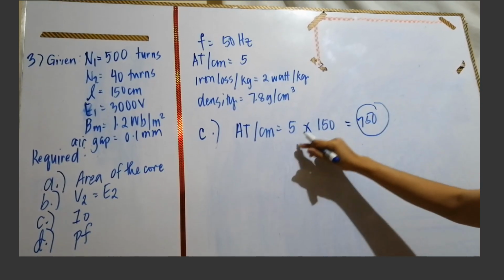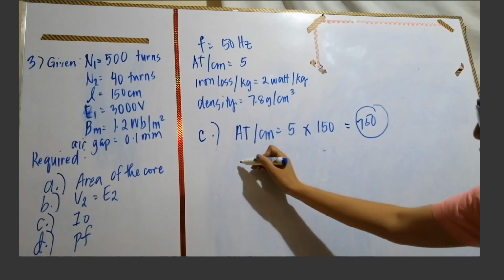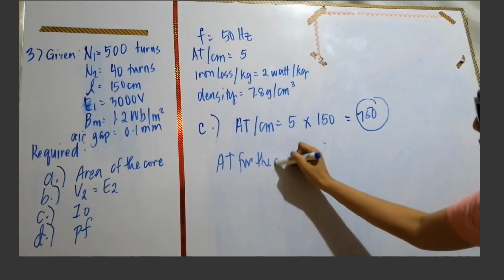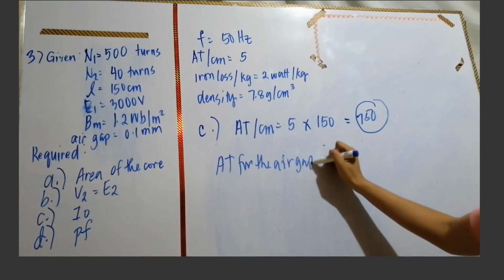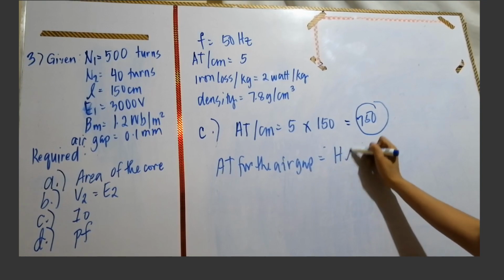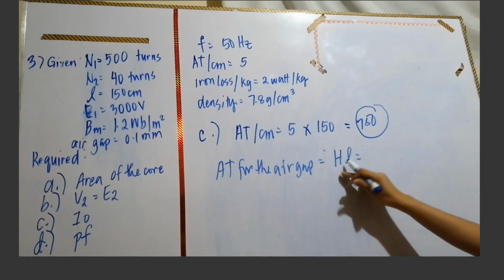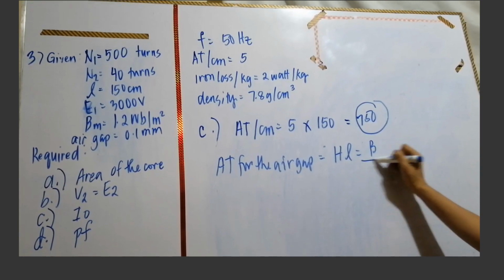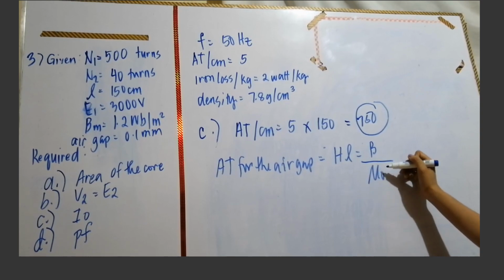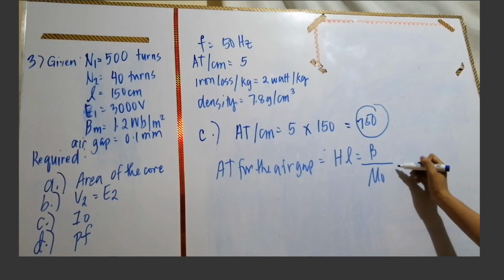Now, let us solve for the ampere turn for the air gap. This is equal to the magnetic field times the length of the air gap. And the magnetic field is equal to the maximum flux density over the magnetic permeability of free space.